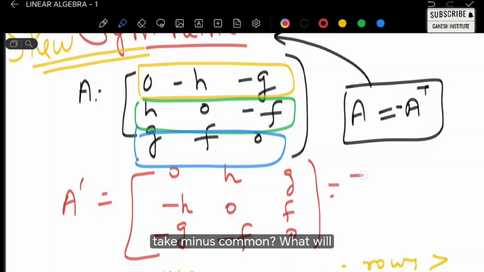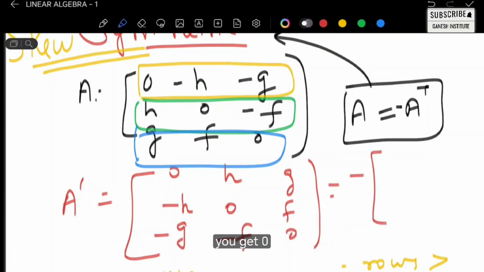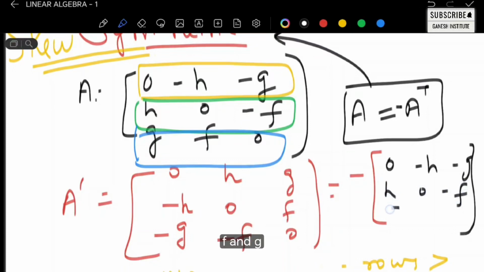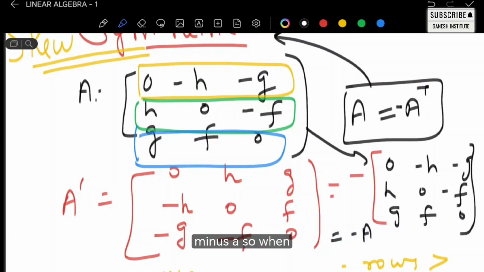Can you take minus common? What will you get? 0, -H, -G; H, 0, -F; G, F, 0. And this is A. So can I write it as minus A? So when a matrix is equal to the negative of its transpose, it is a skew-symmetric matrix.